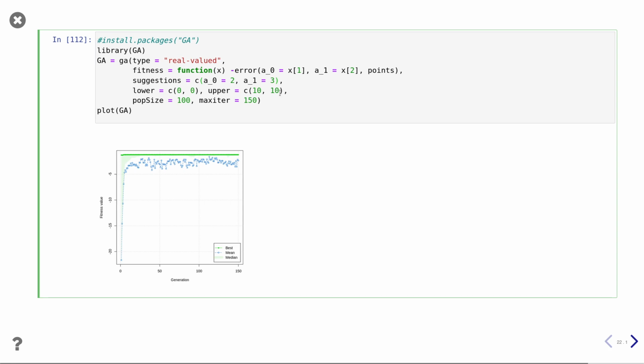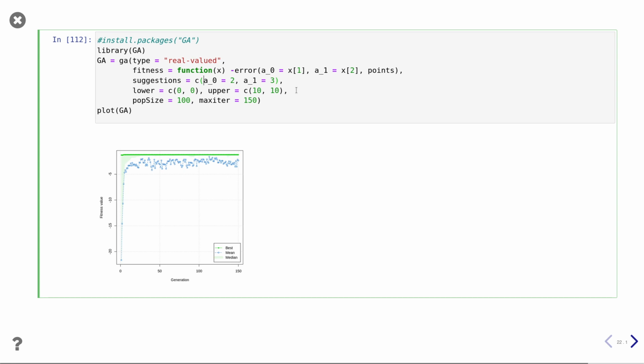And upper equals 10, 10 means that I'm not allowing values more than 10 for those 2 unknowns. And this is very convenient, and it makes a lot of sense, because when I'm creating my population of genes, I'm just going to take random values. Lower and upper mean that those random values are going to be between 0 and whatever value I indicate.